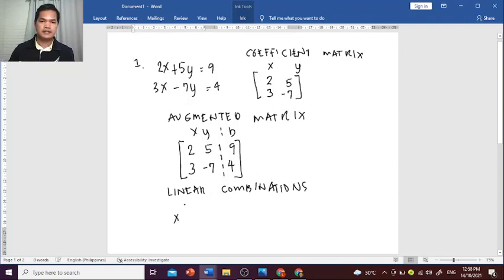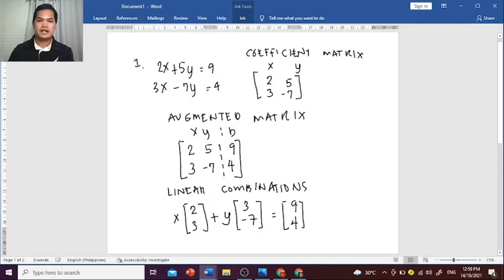So we have x followed by its numerical coefficients 2 and 3, then plus the second variable, which is y, followed by its numerical coefficients, which are 5 and negative 7, and we're going to equate it to the right hand side, which is 9 and 4.